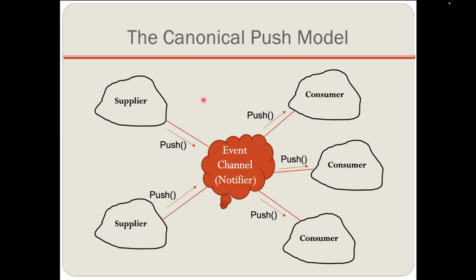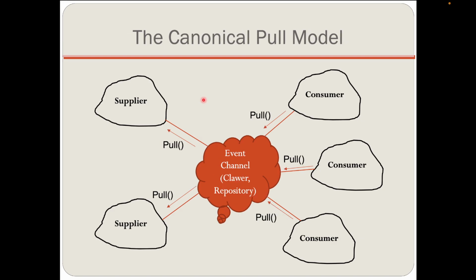Conceptually it's something like this. Push means the information flow goes from publisher to middleware and then to the consumer by the push interface. This is the first model. The second model is that they all use pull mode. You can see the information flows in the reverse way.